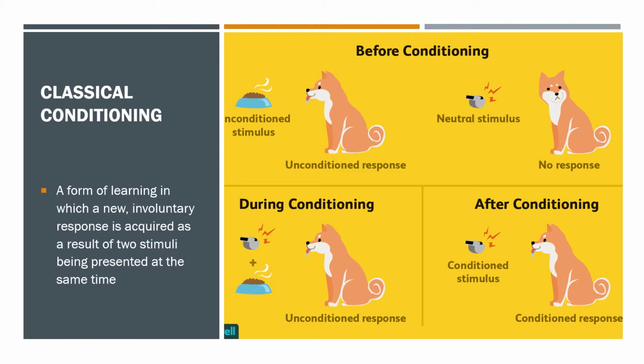So, that's before conditioning. And during conditioning, if we blow the whistle along with the food, the dog knows, okay, this is time for his meal. So, there will be an unconditioned response, which is that the dog salivates.